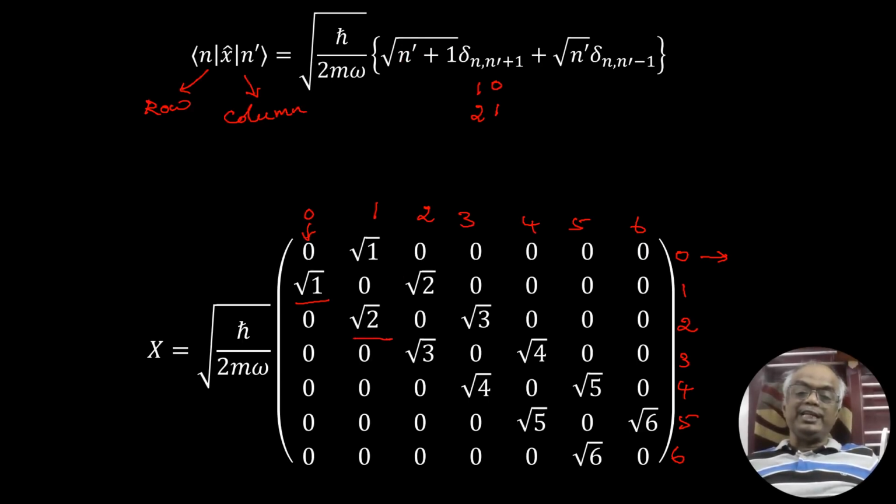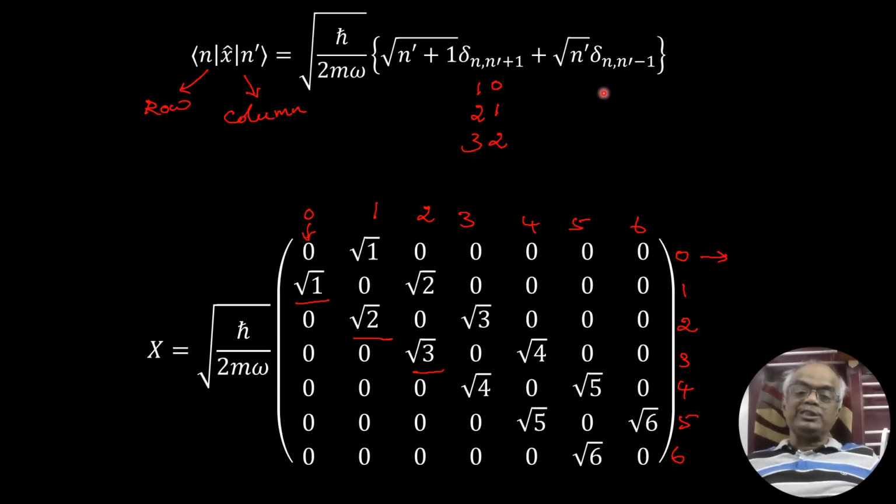Then you take the next, let it be 2. If it is 2, n must be 3. That means the third row and second column is square root of 3, because n prime is 2, 2 plus 1 is 3, square root of 3. So it will go on.